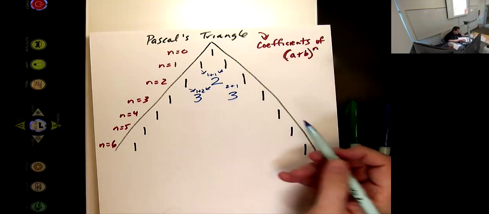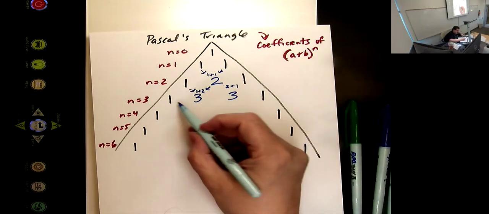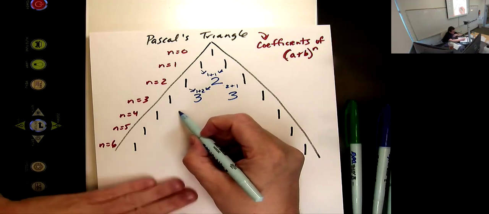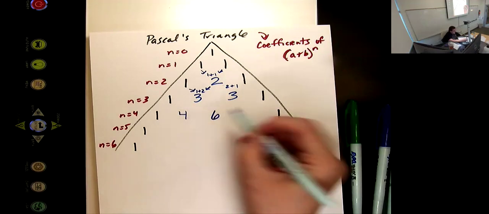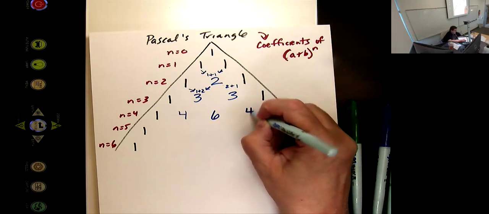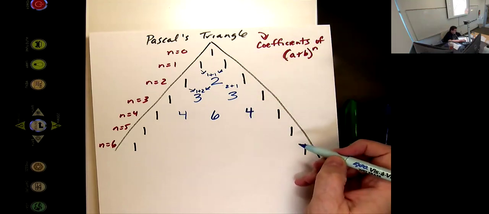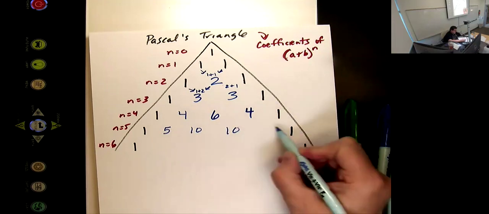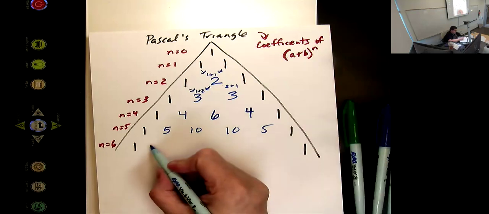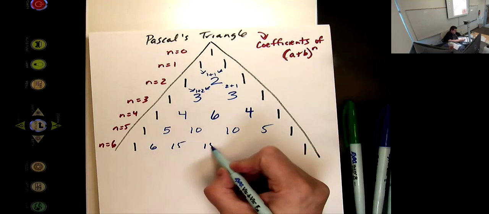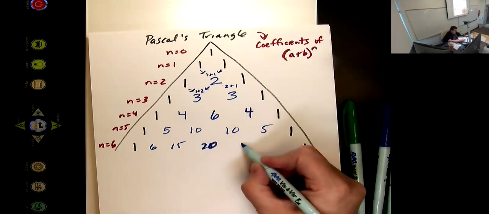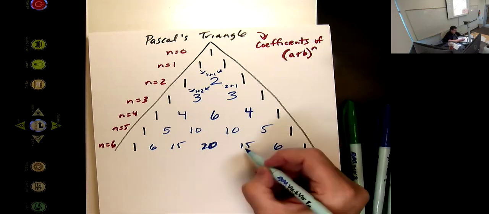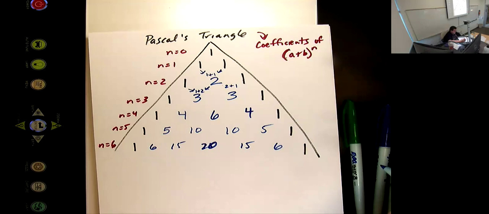If I add the 1 and the 3, I get a 4 here. 3 plus 3 is 6. 3 plus 1 is 4. 5, 10, 10, 5, 6, 15, 20, 15, 6. This is like the binomial theorem.